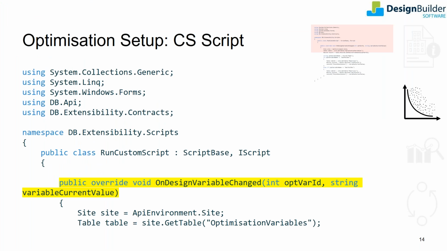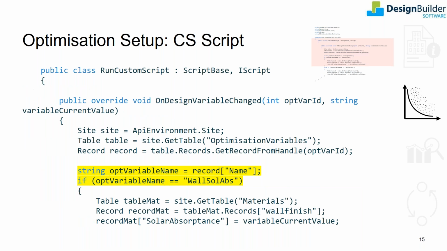The highlighted part of the script is the hook point, which is called when the design variable changes. It is the point where the script will start making its changes. At this point, the script looks for the optimization variable name. It is looking for our unique variable name, which was wall sol abs.